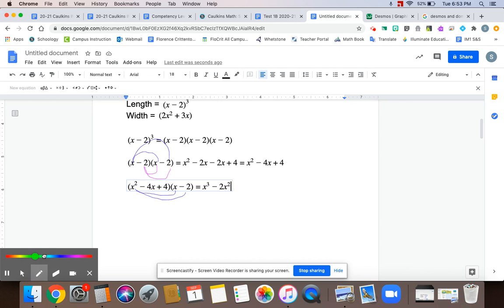So let's see. Negative 4x times x is what? Negative 4x squared. Negative 4x times negative 2 is what?